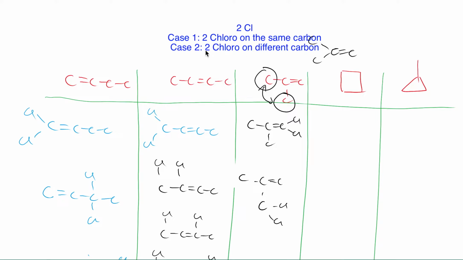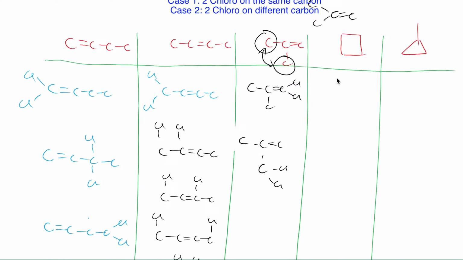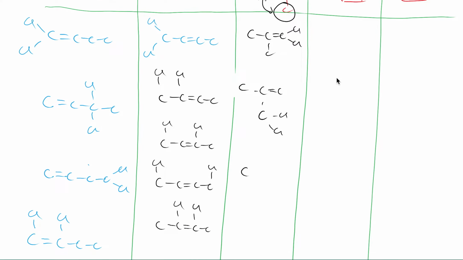And then you can also put the 2 chlorines on different carbons. Remember, you can't really put one in the middle. So we can put one here and one over there, so that's one situation.